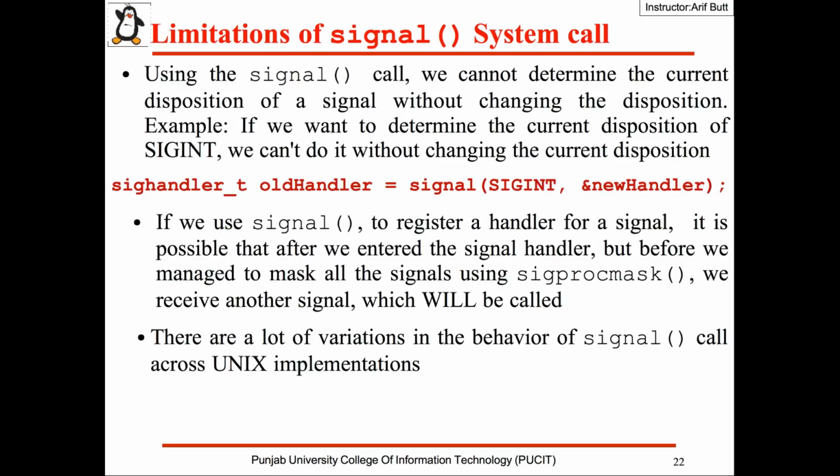So using the signal call, we have a separate call to register for a signal and a separate call to mask, so there can be something in between them. After we register this and before we set a mask, the handler executes and the second signal is generated. And last but not the least, there are a lot of variations in the behavior of the signal call across Unix implementations.